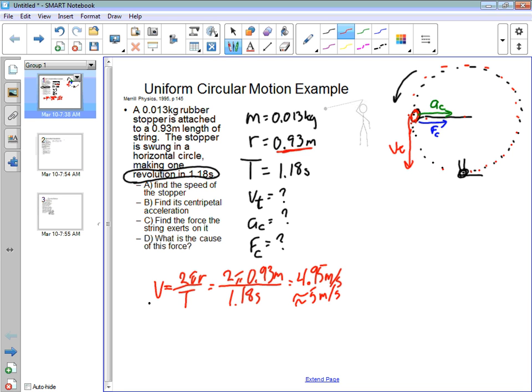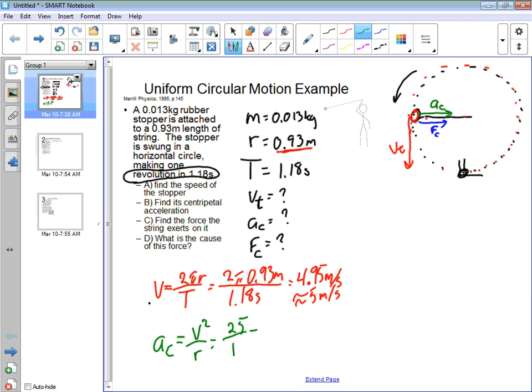B, find its centripetal acceleration. Go ahead and use a lovely green for that. Centripetal acceleration is v squared over r. We can plug in our velocity there, square it, and divide through by the r. From there, I can see it's effectively 25 divided by 1.